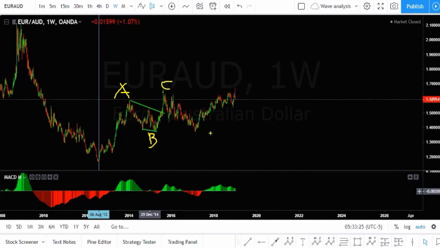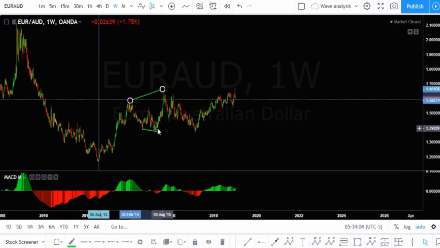But remember the exceptions we talked about, the expanding flat and the running flat, and this is one of those cases. When you properly understand patterns and you look at this carefully, when we saw this, I said, wait a second, something is not right. So what is actually happening here?